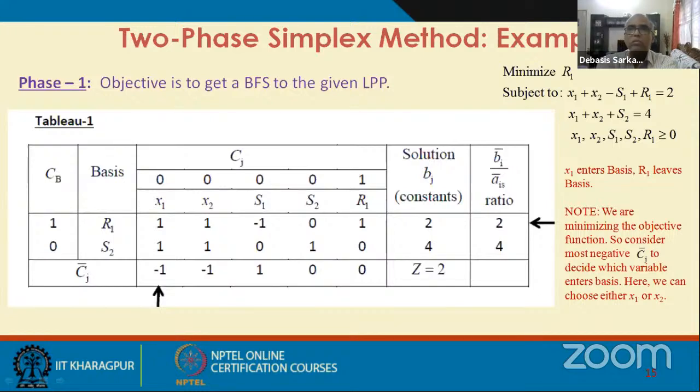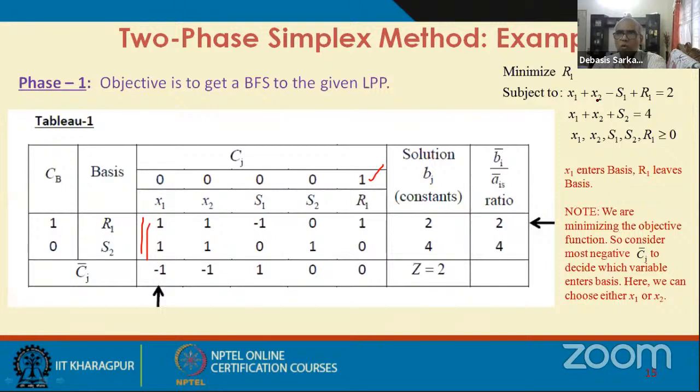So we use the same construction of table that we have discussed during the regular lecture. So note the coefficients of the objective function. See x1, x2, s1, s2, r1. Only r1 is there, so 1 here. So these are the coefficient matrix.